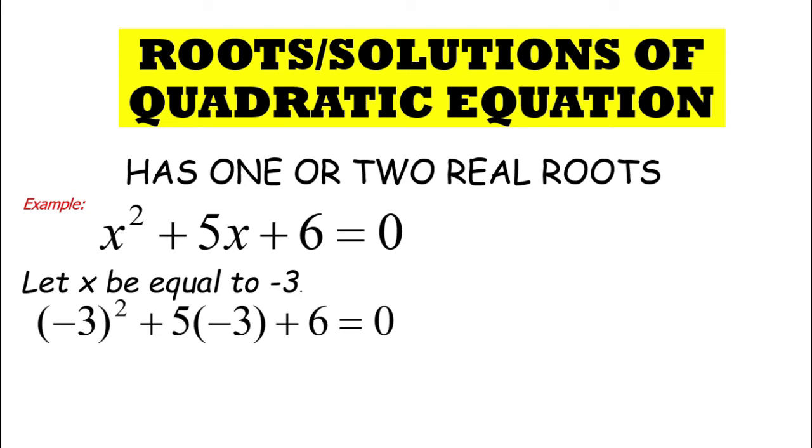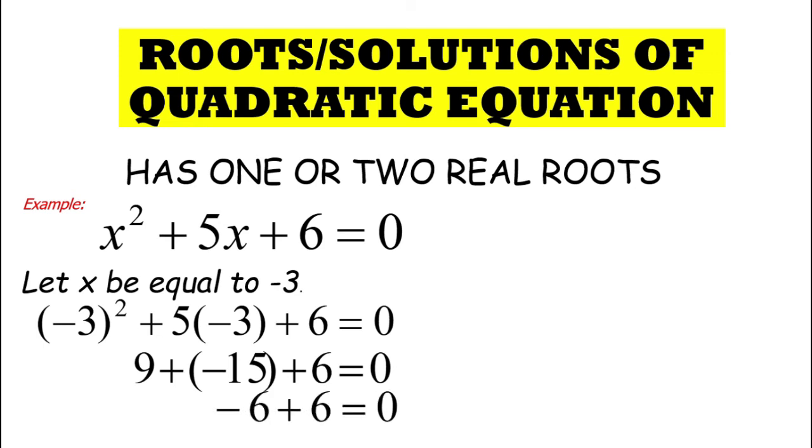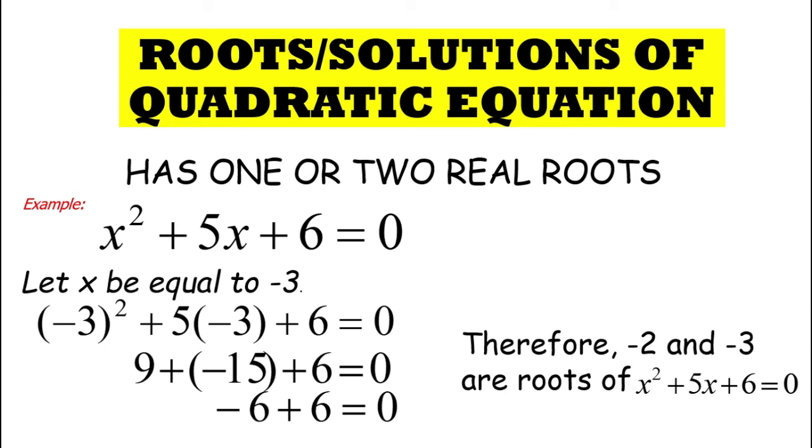Simplifying this will become 9 plus negative 15 plus 6 equals 0. 9 plus negative 15 is negative 6, and that is negative 6 plus 6 equals 0. Therefore, we have two real roots for this quadratic equation, and that is negative 2 and negative 3.